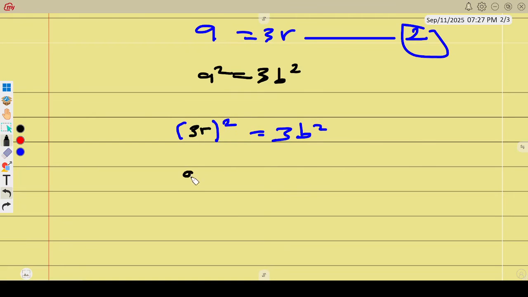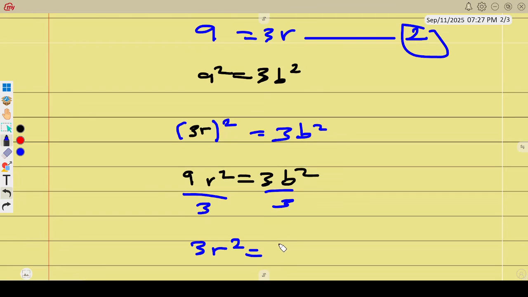3 times 3, 9. r times r, r squared. 3b squared. And then to simplify, we divide by 3, divide by 3. Here we remain with 3r squared. There we remain with just b squared. Therefore, b squared is a multiple of 3 here.